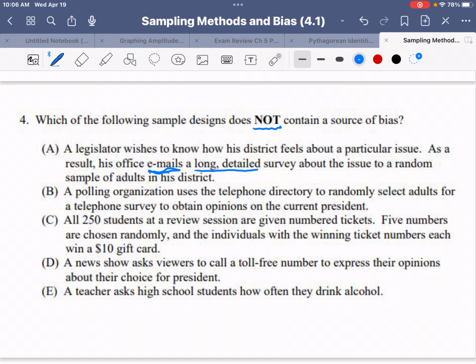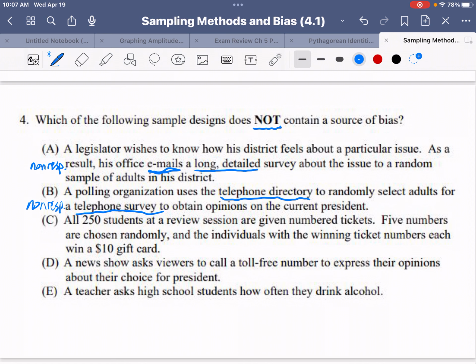I think I can identify several sources of bias in answer choice A. Emails could result in non-response bias, and being long and detailed also could result in non-response. A polling organization uses a telephone directory to randomly select adults for a telephone survey to obtain opinions. Probably lots of non-response if you're using that phone.